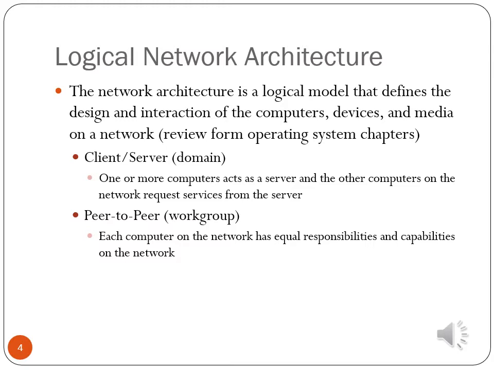It is not centrally controlled. Each computer controls itself. The work group is usually smaller and easier to administer. Client-server setups are larger networks, and usually you need someone with some professional training to administer the domain controller, or what we also call the server computer.